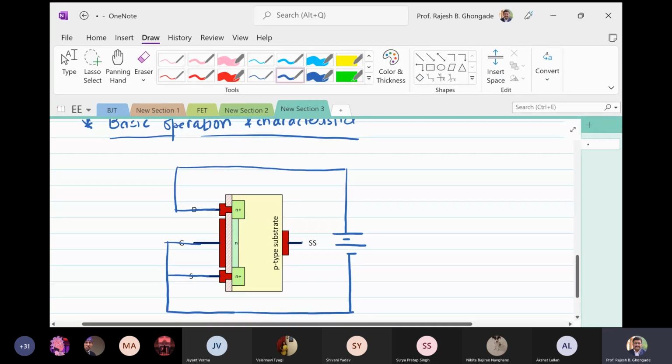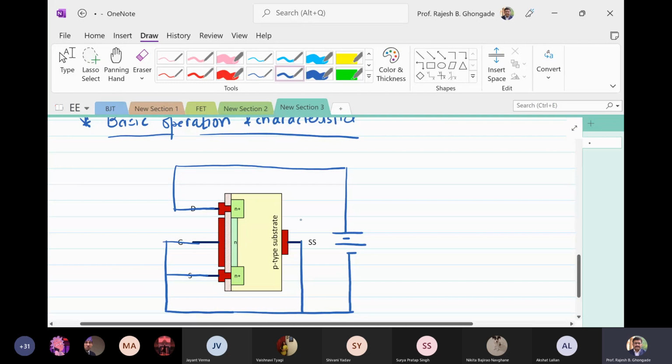Substrate also I'm going to short it to the source. All right. Now the gate to source voltage here is set to 0. So VGS is set to 0. We start to analyze this. Let us call this as VDD. Okay.